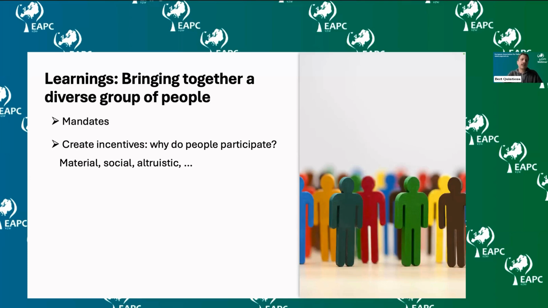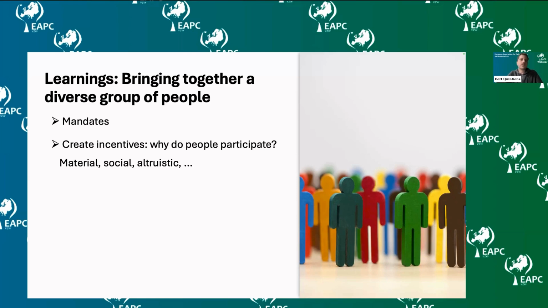Secondly, and this counts for every diverse group of people that you bring together, you need to ask yourself, why are people participating? People participate for a number of different reasons. One of these reasons might be material. People may participate in a learning network because they just want a how-to guide and to use it later on in their own schools or to spread it within their country. But maybe people participate for social reasons.